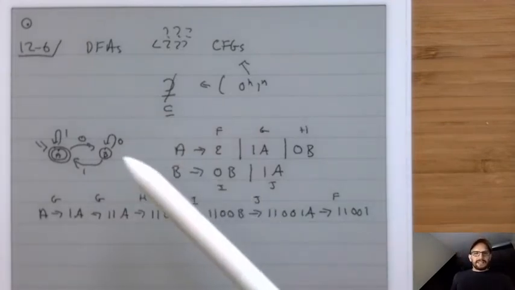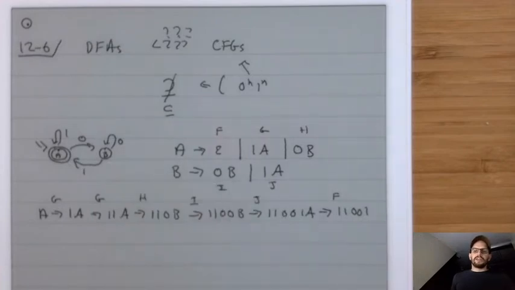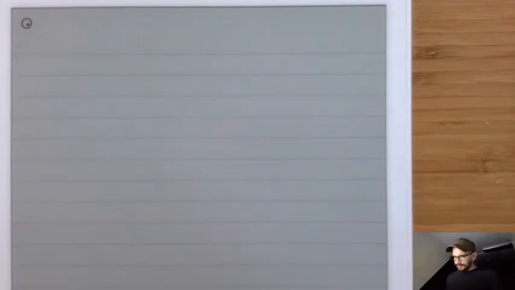So notice that what I did is I took an arbitrary machine and I generated a context-free grammar that did the same thing. Now notice that there's a very predictable structure to this. Here's the way that it works.